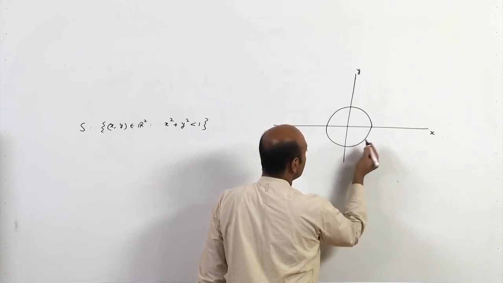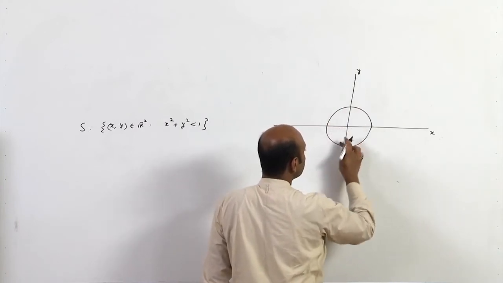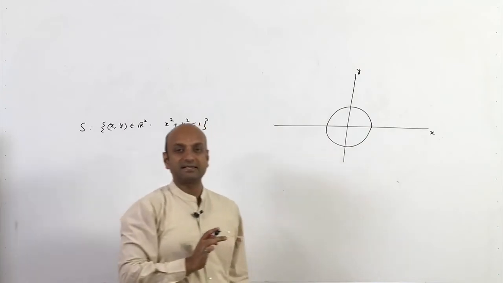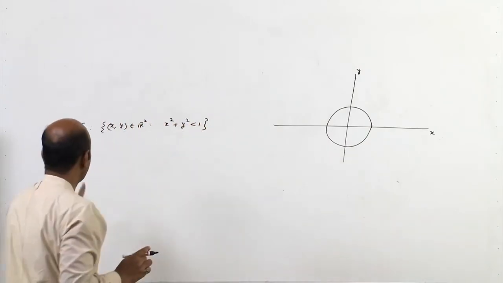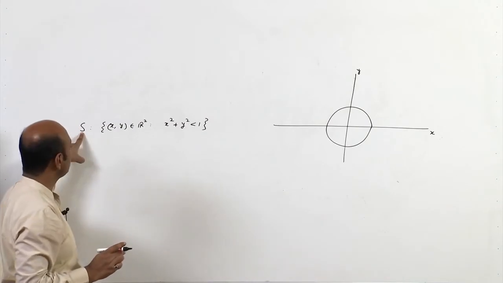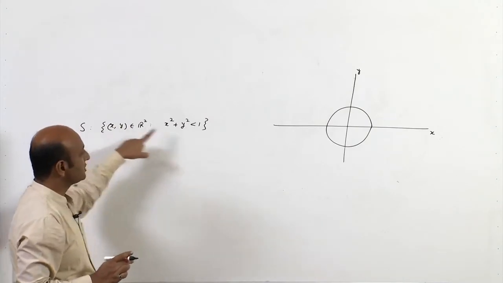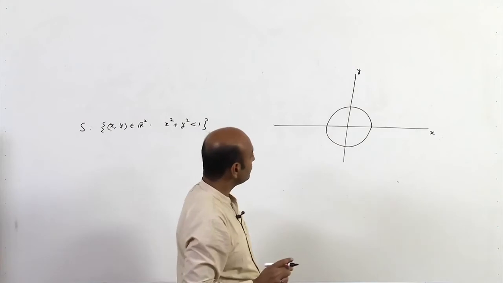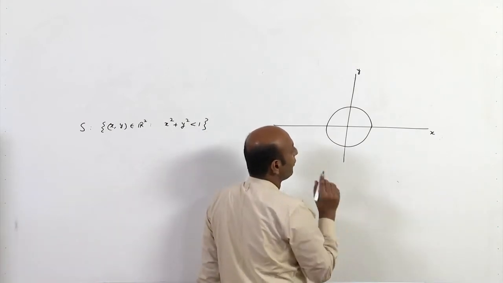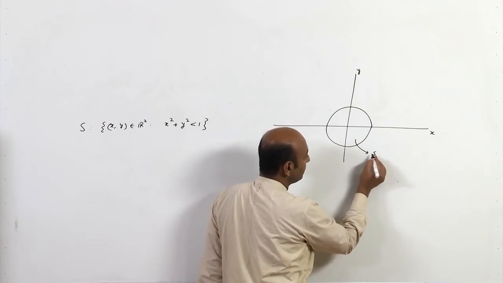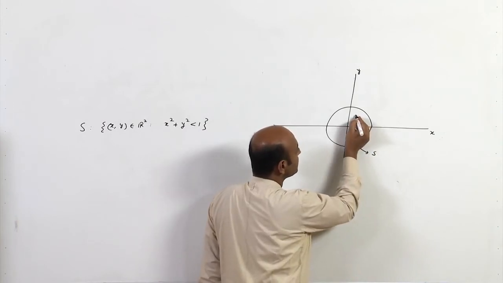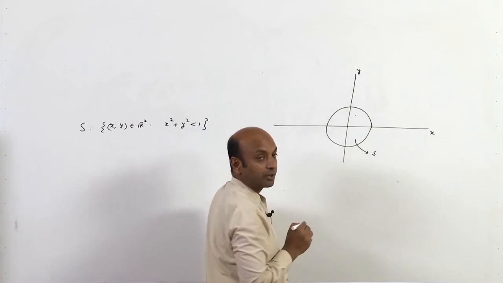All those points which lie inside this circle are in S. So, S is all those xy which are inside this circle. Now, you take any point inside this region.